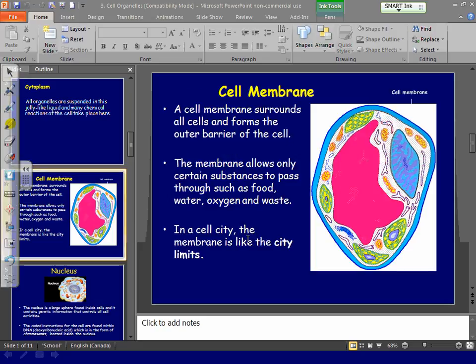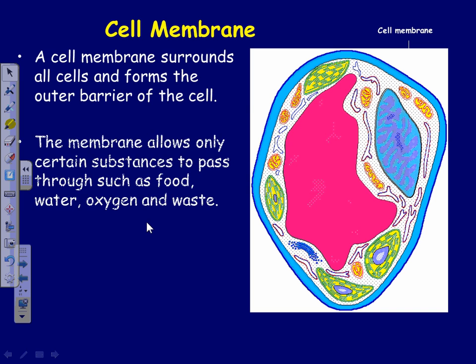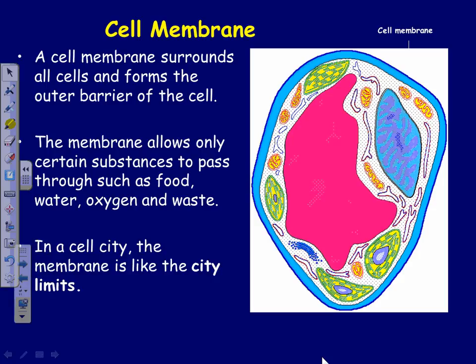Let's not write this whole thing about the cell membrane. Let's do some point forms on this one. Just put surrounds all cells. Why am I not showing you actually on a PowerPoint is this question? Seems kind of silly, doesn't it? So let's put surrounds all cells, forms an outer barrier. Did you get that, Pat?